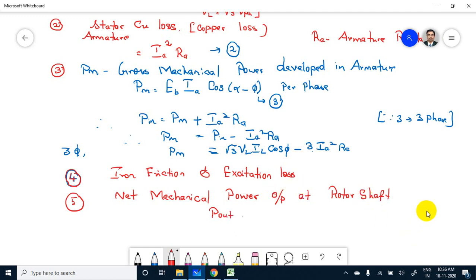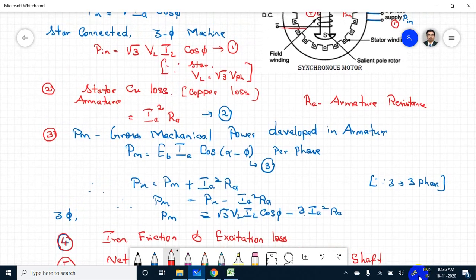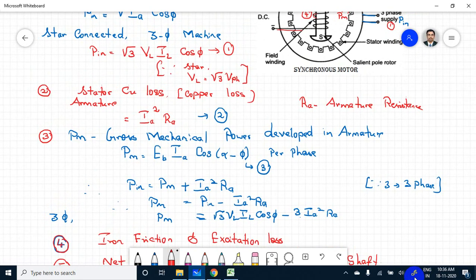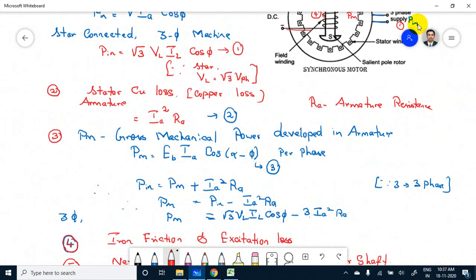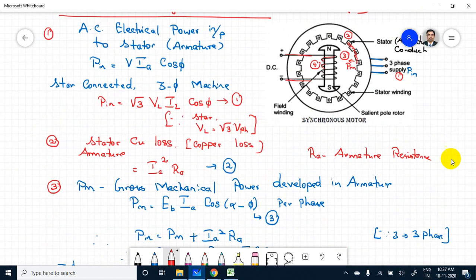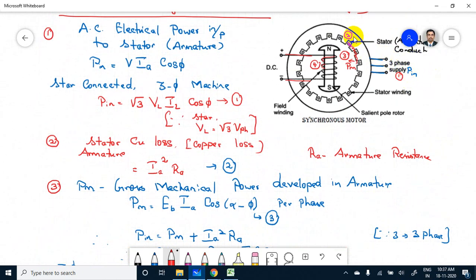Okay, so these are the 5 stages in synchronous motor. The first stage will be AC electrical power input. This is my first stage. Second stage will be losses produced in the armature, stator copper loss. Third stage will be a gross mechanical power developed in armature.